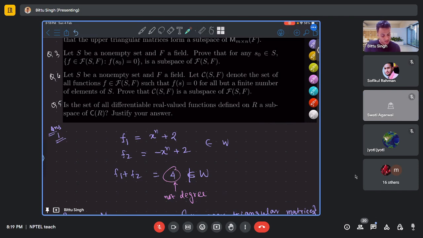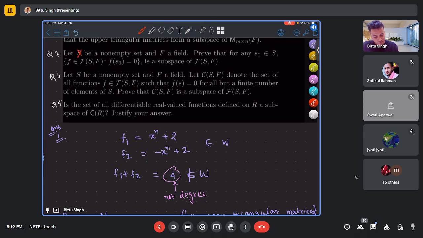The third question says take all functions. S is a non-empty set, F is a field, and S0 is a point from S. For example, choose S to be R itself. So we are taking all functions.